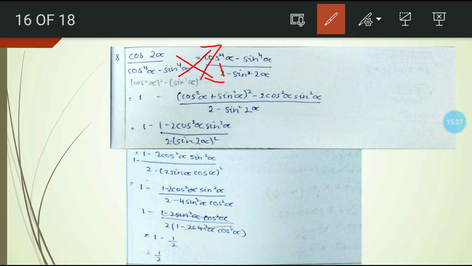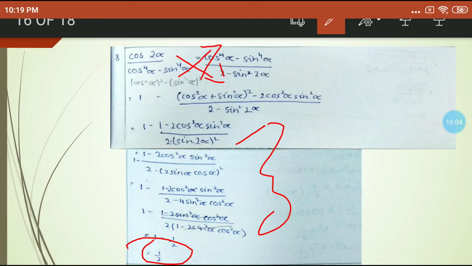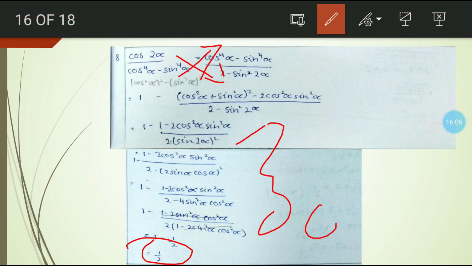Then after that, it will be (cos square alpha plus sin square alpha) whole square minus 2 cos square alpha sin square alpha divided by 2 sin square alpha square. So after we simplify this, we will get the answer as 1 by 2. So the option is C.